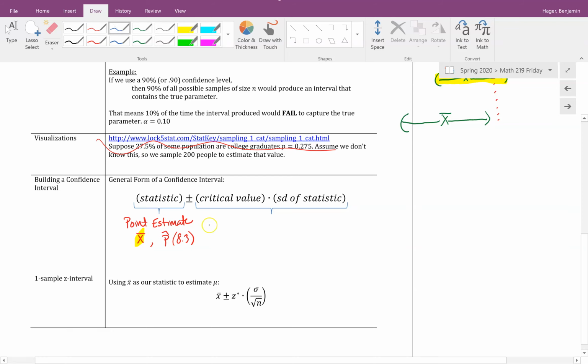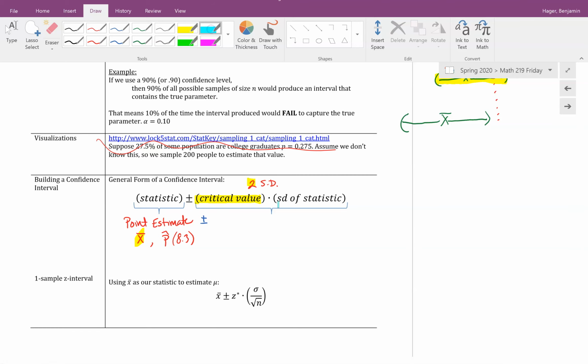And then to that, you're going to add and subtract this idea, your critical value times the standard deviation of the statistic. We were doing this. We were adding 2 standard deviations. In the last 2 problems, didn't we add and subtract 2 standard deviations from the mean? Well, like I said, it doesn't always have to be 2. You get to decide that. That is known as your critical value.